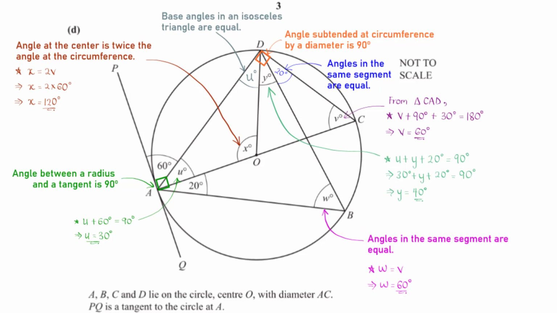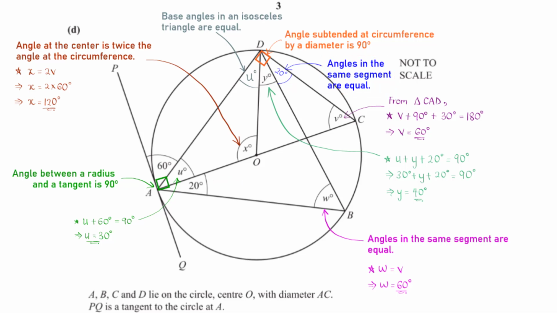Chord AB subtends an angle W, which is 60 degrees at the circumference of the circle, and subtends another angle X at the center of the circle. This means that angle X is 2 times 60 degrees, which is 120 degrees. Angles in the same segment are equal, so this angle here is 20 degrees.